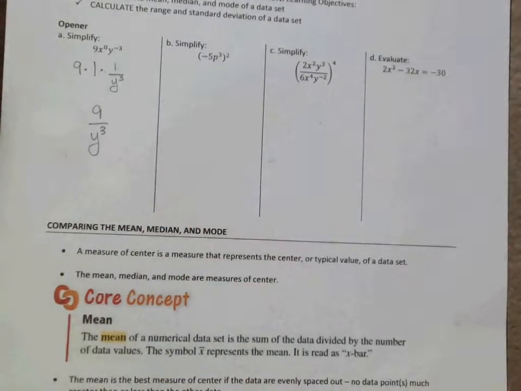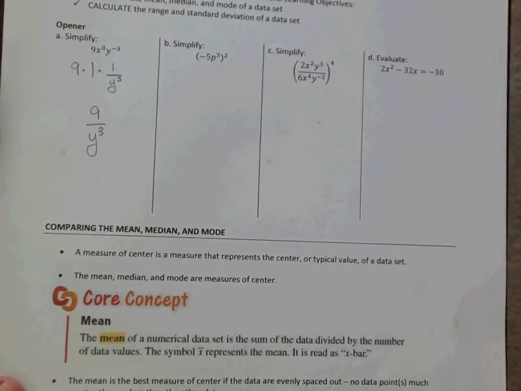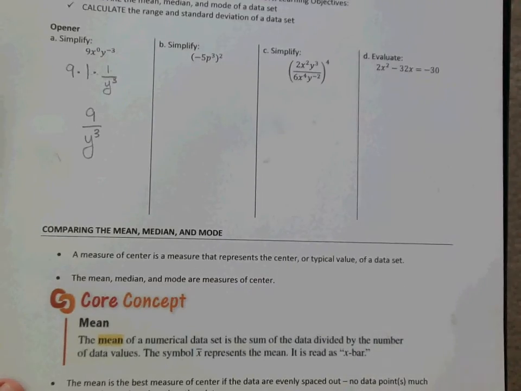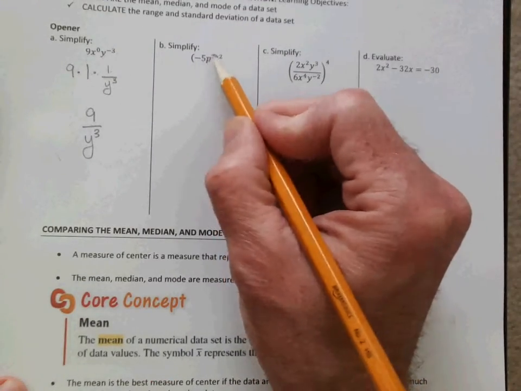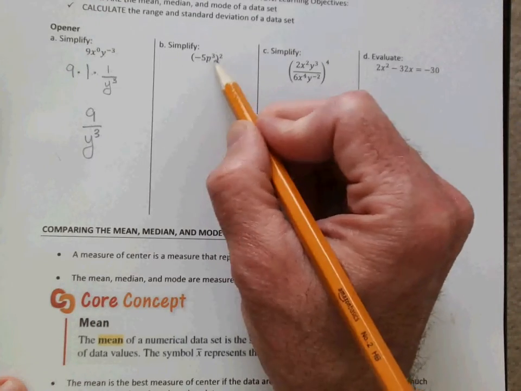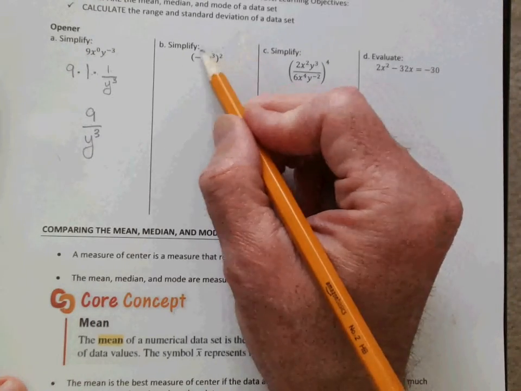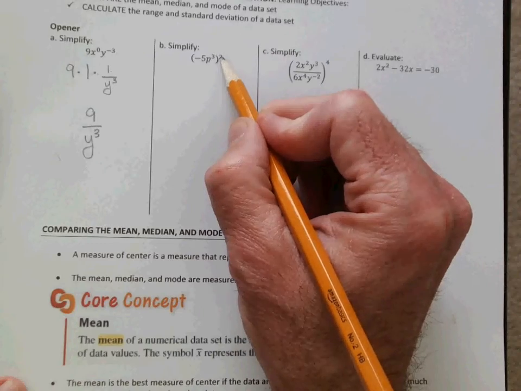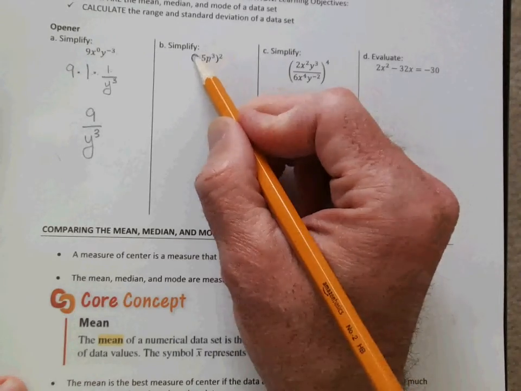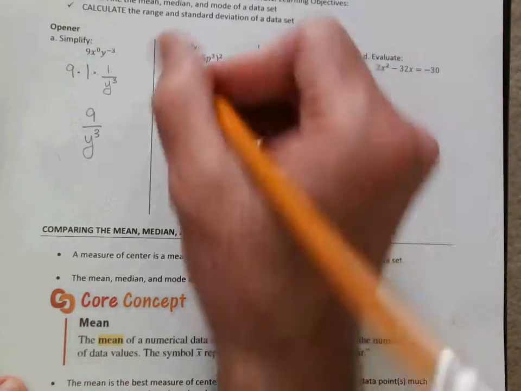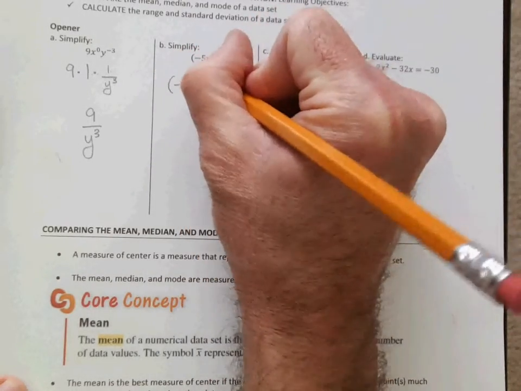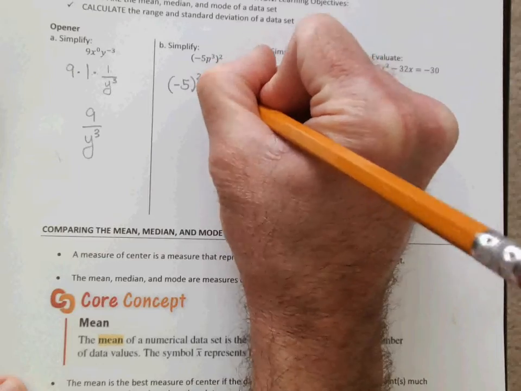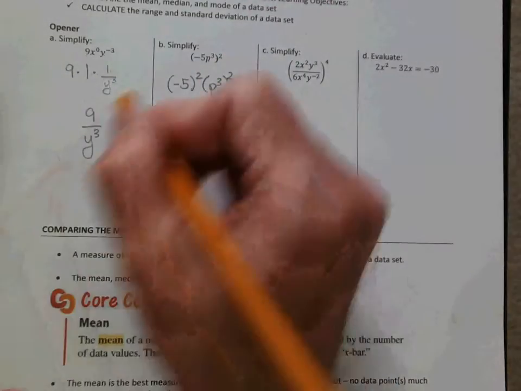Okay. Hopefully you tried B. If you didn't, pause and then come back. So in B, we have negative 5p cubed, that whole quantity squared. If you have an entire quantity squared, this square is going to apply to all the parts inside. So it's going to be negative 5 squared and p cubed squared.